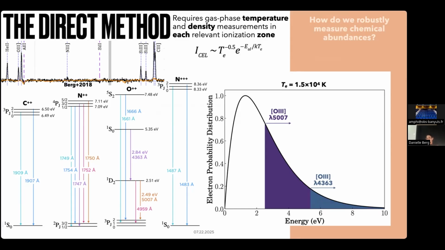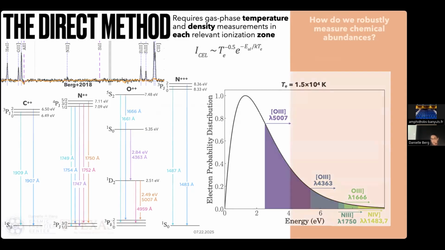You're not going to excite it. Even if that ionized gas exists, you're not going to excite that emission line. And as we go into the ultraviolet lines that require even higher energies, we're really getting into the tail of this distribution. 1666 starts there, nitrogen-3 around the same area, and nitrogen-4 in the very extreme. So we really have to understand not just the ionization energies, but the excitation energies of these diagnostics.